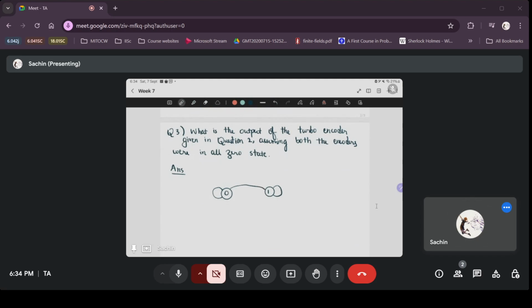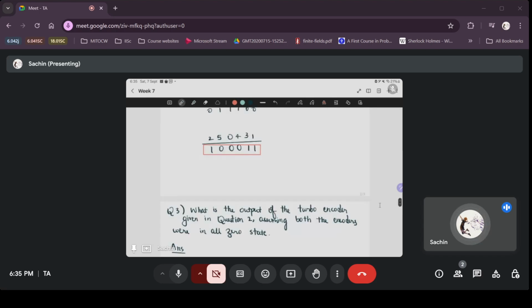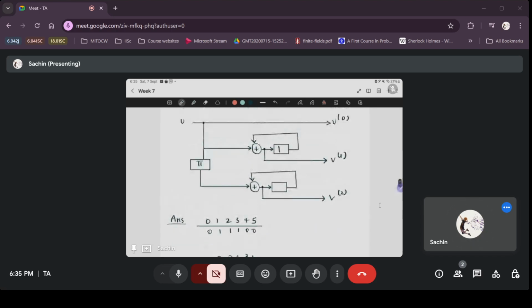Or you can go to the other state. So in state 0, one other thing is the output of this block is what I was talking about earlier.